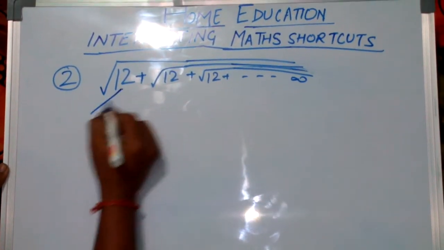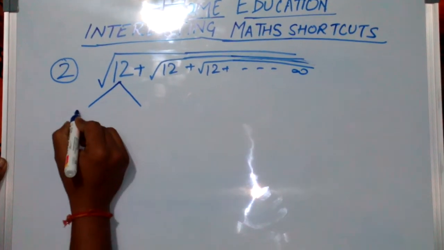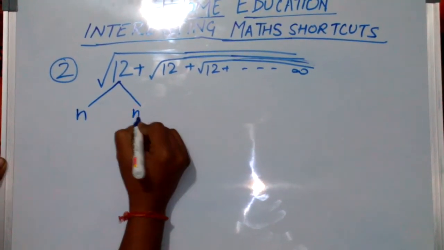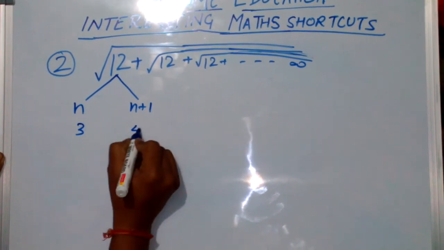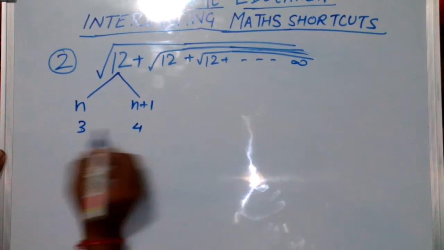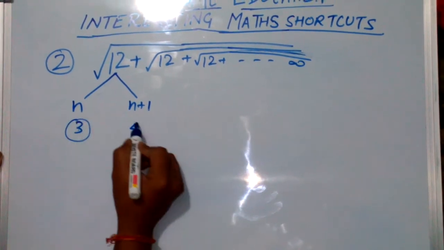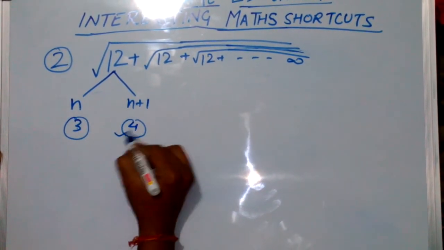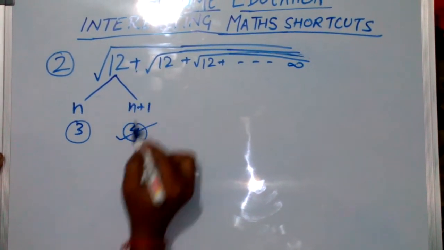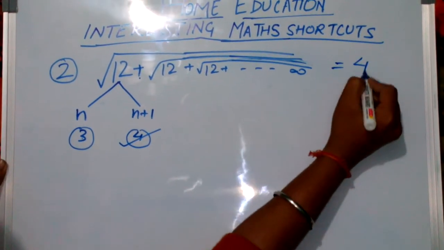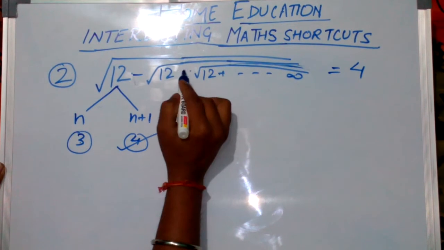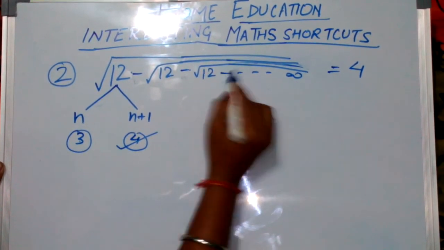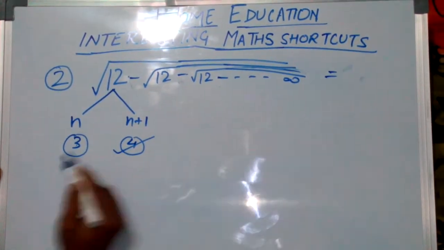Take the number and multiply n into n plus 1. Like here 12, you can make 3 into 4, that is 3 into 3 plus 1. So the answer is the bigger number if there is plus, so the answer becomes 4 directly. If it would be minus everywhere, then the answer would be the smaller number, that is 3.